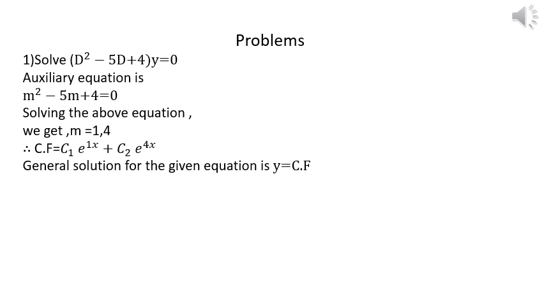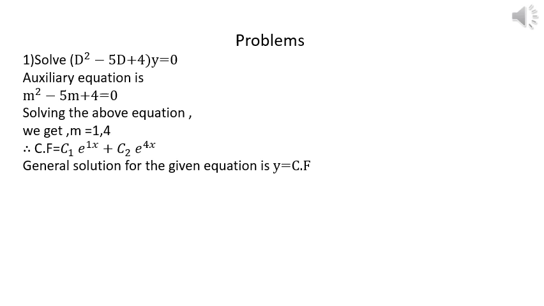Let us do a few problems in homogeneous linear differential equations. First question: solve (d square minus 5d plus 4) y equal to 0. See here, the maximum power of d is 2.